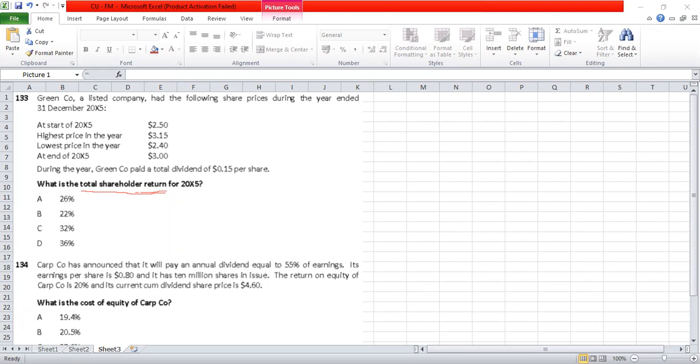Okay. Then if he is investing in the shares at the beginning of the year, as against this investment of 2.50, he is entitled to receive a dividend. How much is the dividend? Dividend is 0.15.